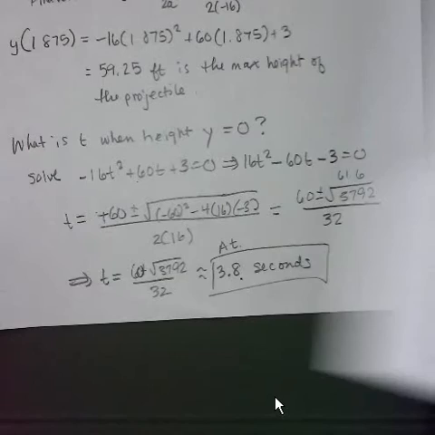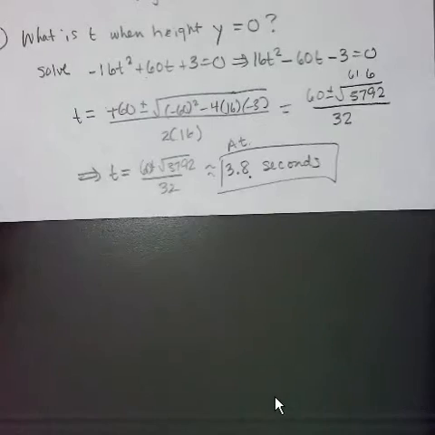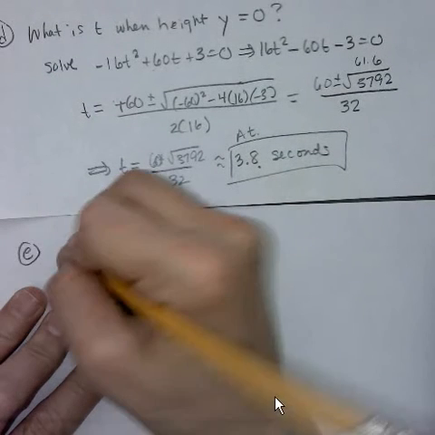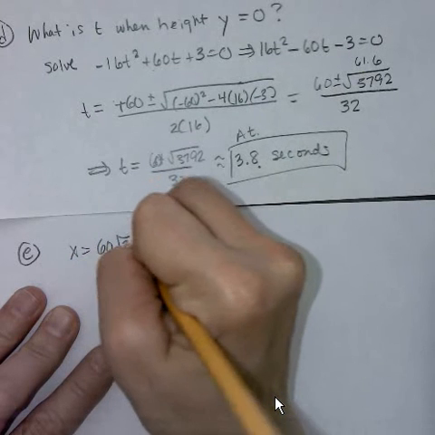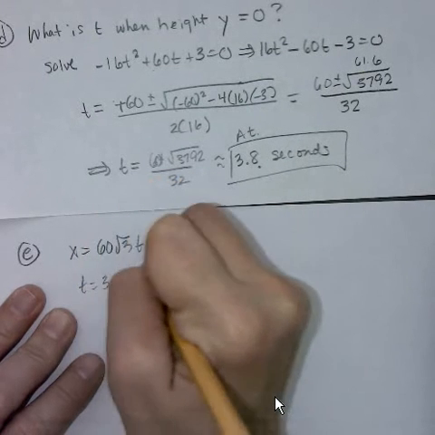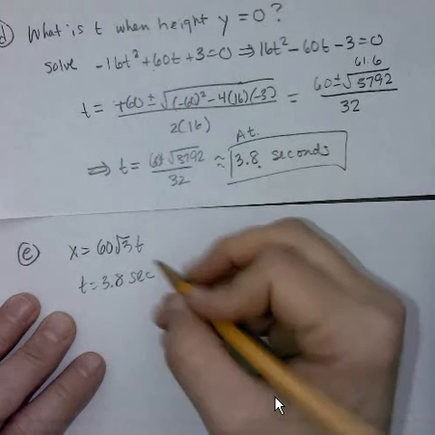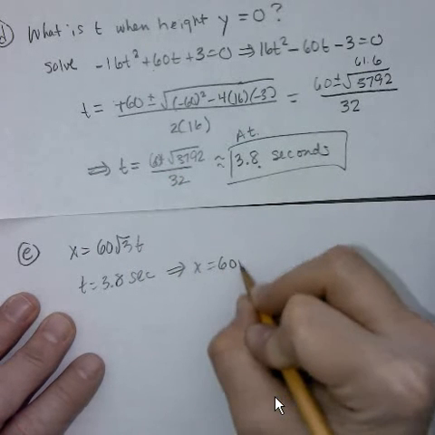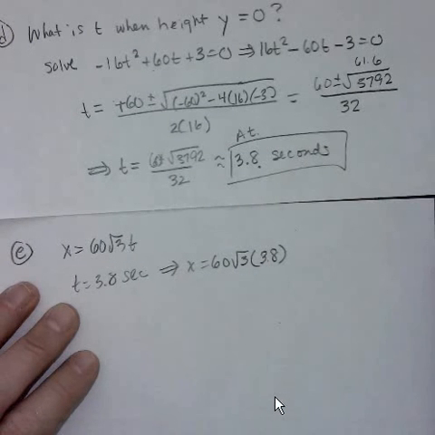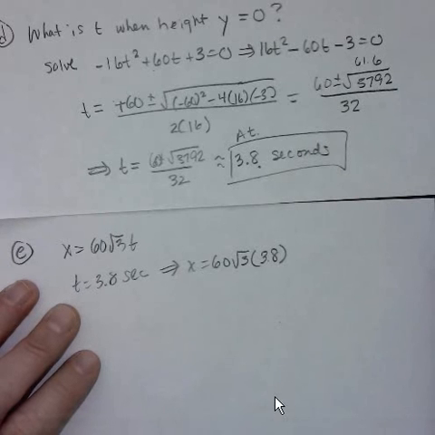So for E, x equals 60 square root of 3 times 3.8, which is approximately 100.